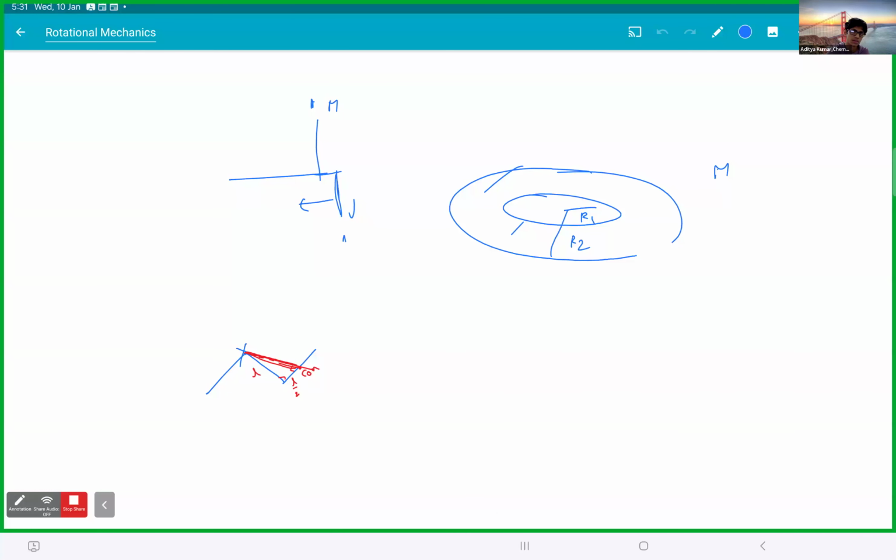So if I keep two more here, that will become 8 triangles. So that will become 4m by 3. Make sense? Out of all that, IZ is the easiest one. Remaining, you have to figure it out there. So this one's mass will be 4m by 3, whereas this one's mass will be m by 6 and m by 6.